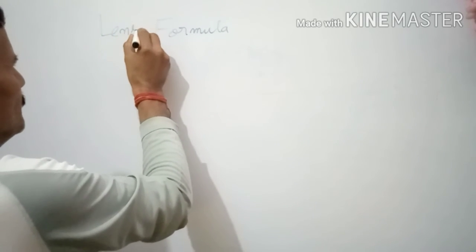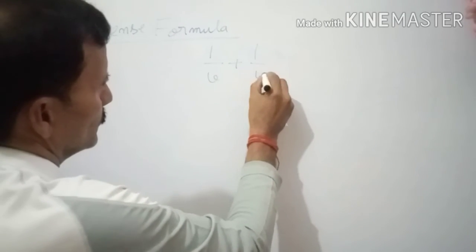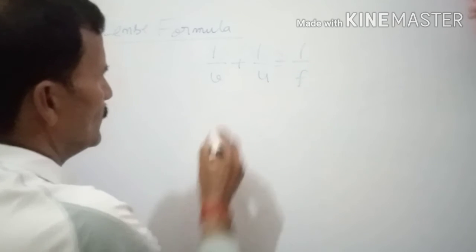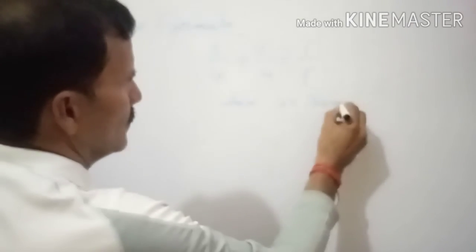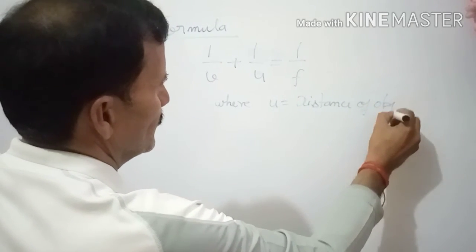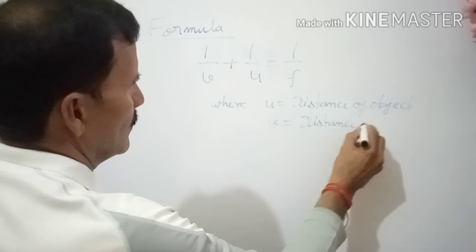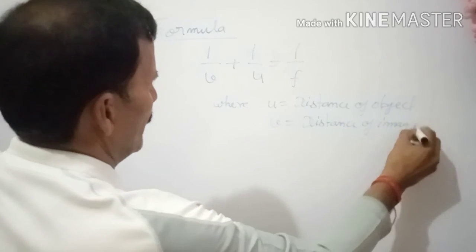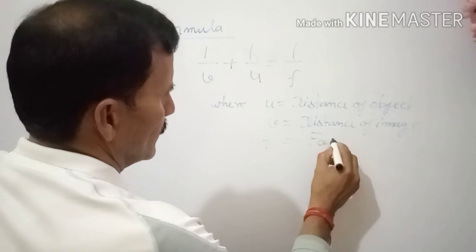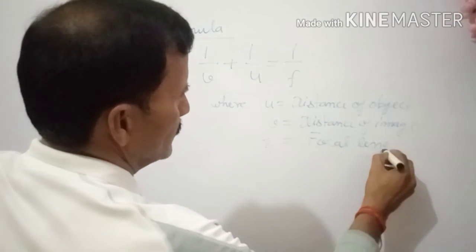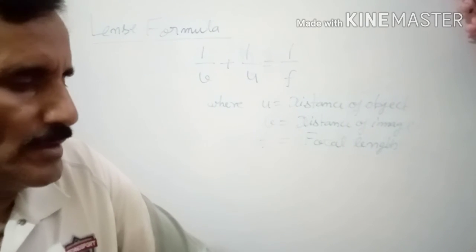Here there was the mirror formula, here you are having the lens formula. 1 upon V minus 1 upon U is equal to 1 upon F, where U is the distance of the object and V is the distance of the image and F is the focal length, and it is always positive for the convex lens and negative for the concave lens.